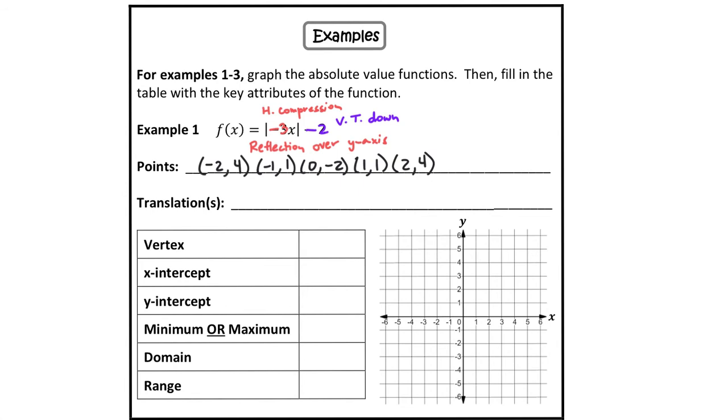Negative 2, 4 is right there. Negative 1, 1. Zero, negative 2. One, 1. And 2, 4.